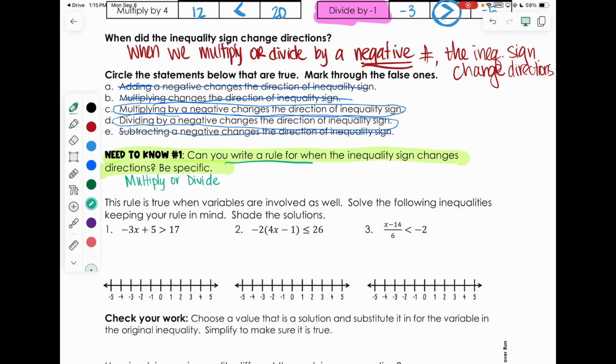Multiplying or dividing by a negative, and it's probably going to change. Probably or for sure? Yeah. You change the direction of the inequality sign.